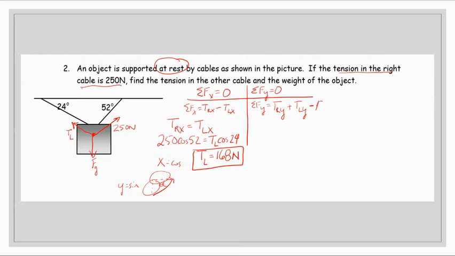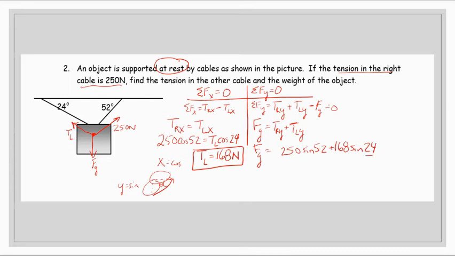Because all of that is equal to 0, I know that our force of gravity is equal to tension right Y plus tension left Y. And so our force of gravity, or our weight, is equal to 250 sine 52 plus 168 sine 24.